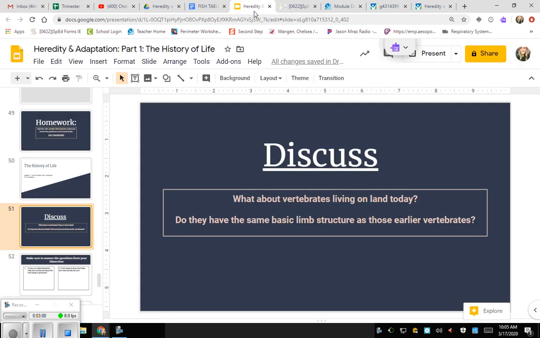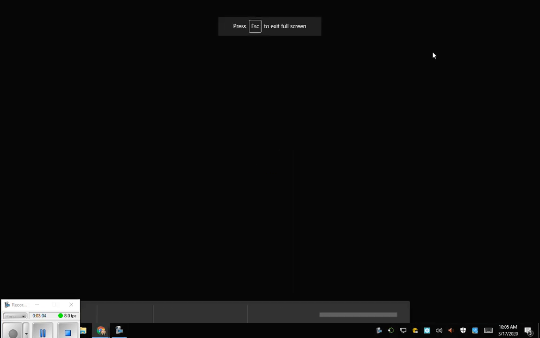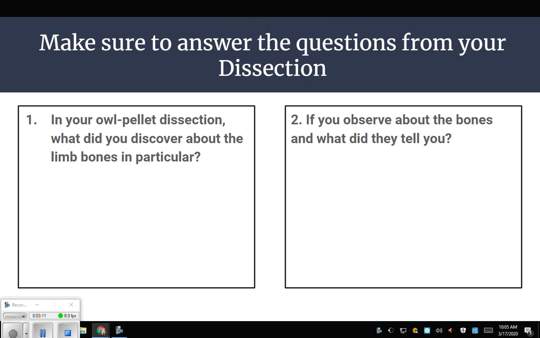One of the things we're going to discuss in your discussion questions is: in your owl pellet, what did you discover about the limb bones in particular? What did you observe about them, and what did they tell you? Obviously, we know it's a rodent, right?